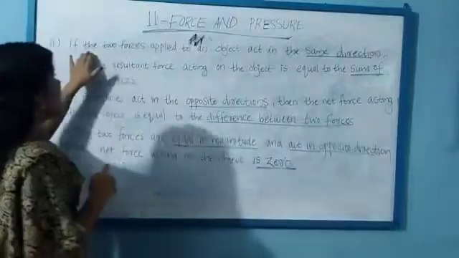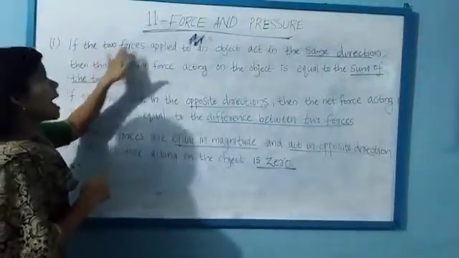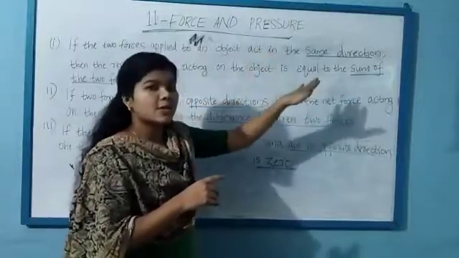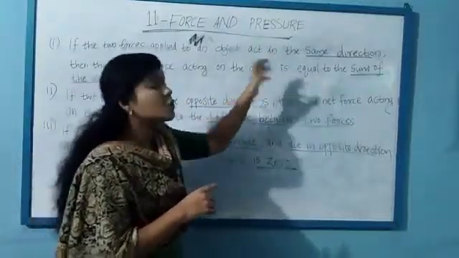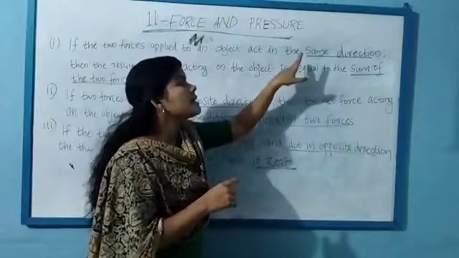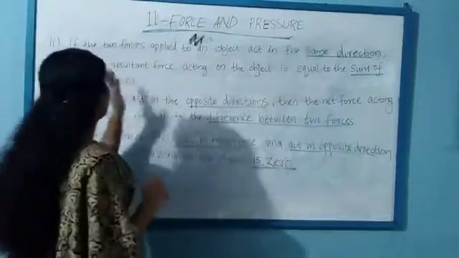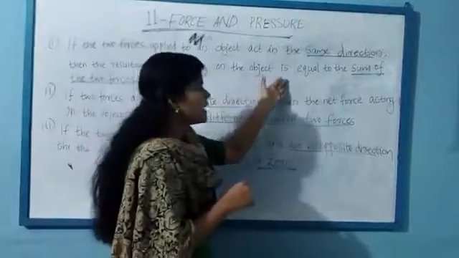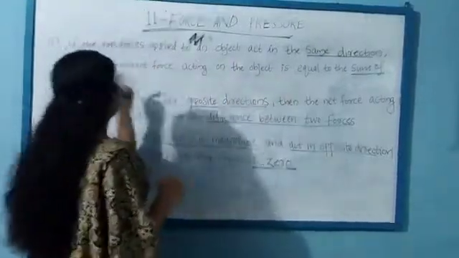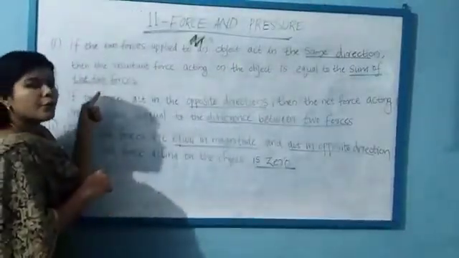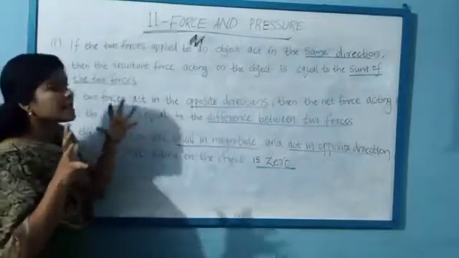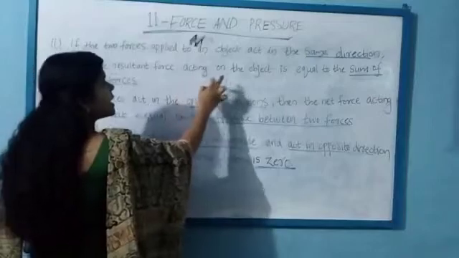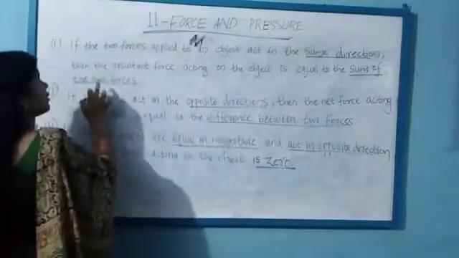If two forces applied to an object are acting in the same direction, then the resultant force acting on the object is equal to the sum of the two forces.